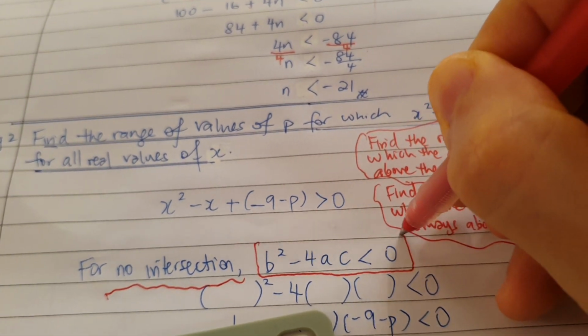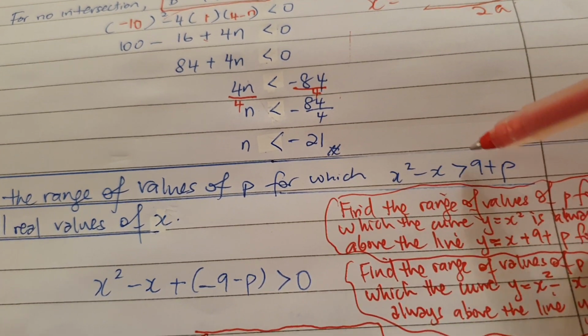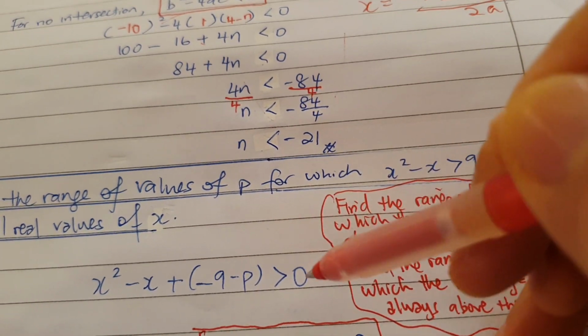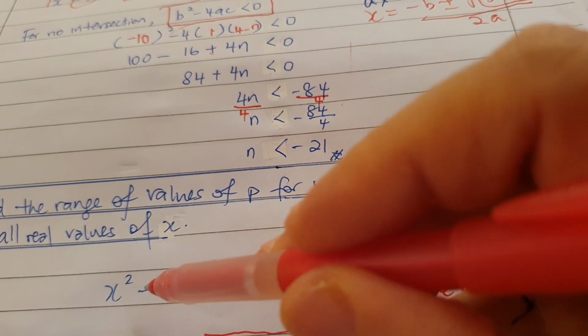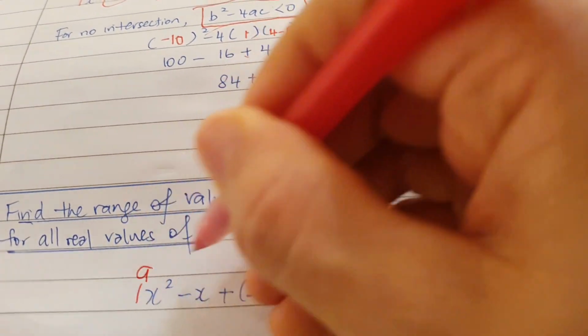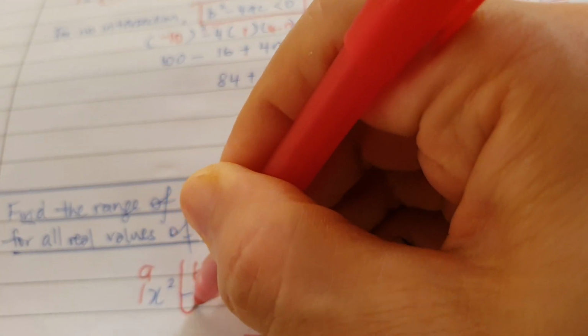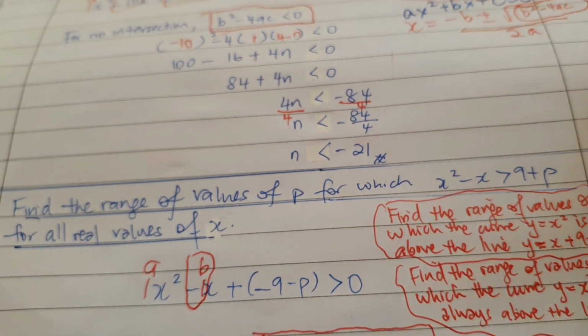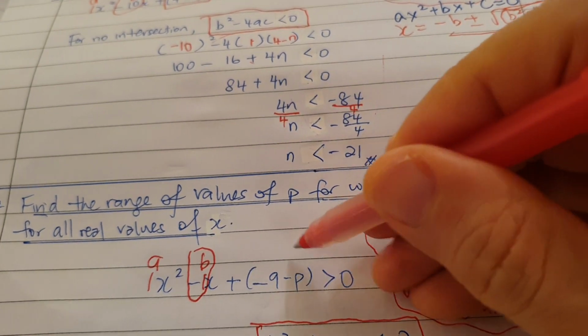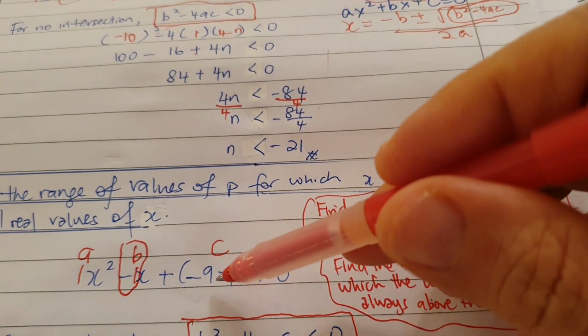Okay, but again, you have to convert this into right hand side 0 so that you get a quadratic expression here. So this is your a, which is 1, your b is minus 1, and your c, I like to write it like that, minus 9 minus p.